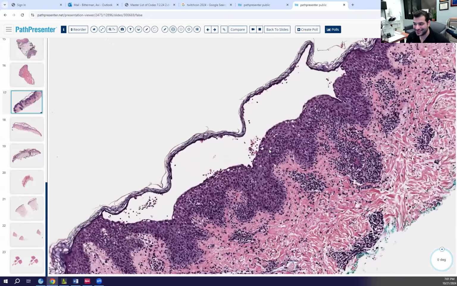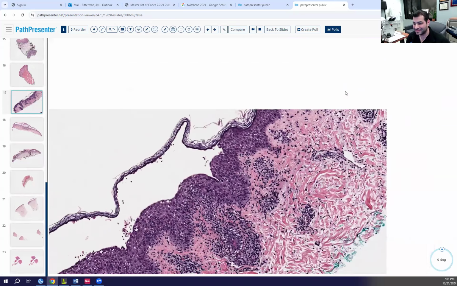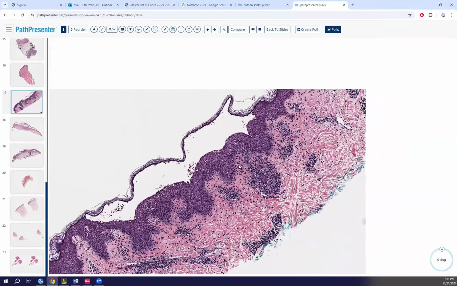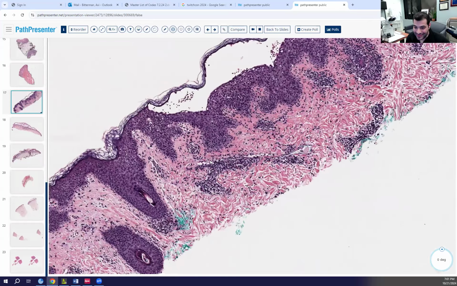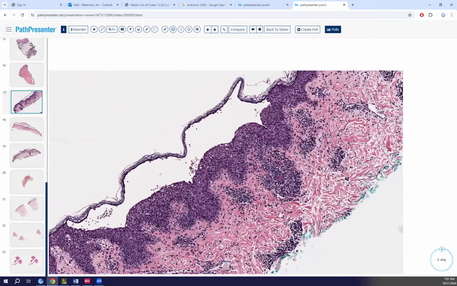And this one? Intraepidermal or subcorneal? Subcorneal, yeah. Pauci-inflammatory, except for the infiltrate here, but yes. So what's your differential? Lymphocytic.